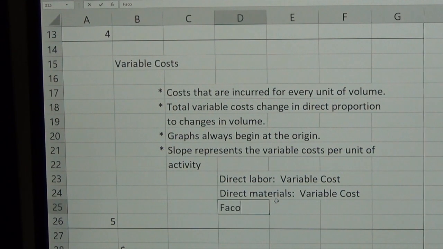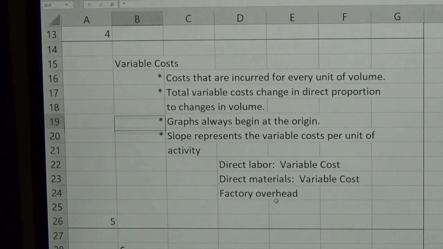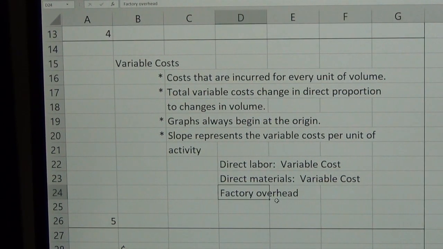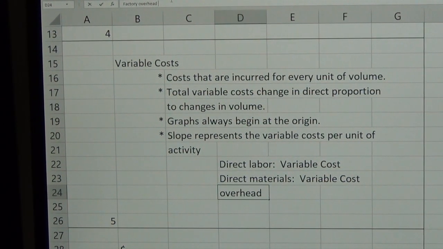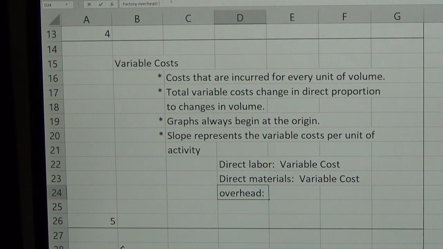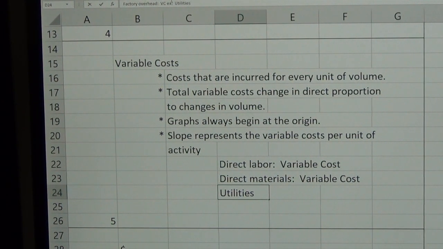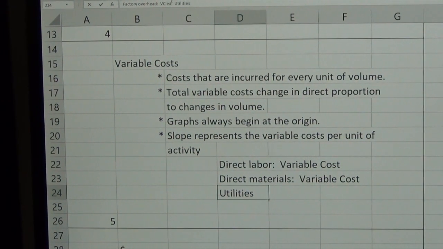The trick is factory overhead. Factory overhead examples are going to be made up of both variable and fixed. For example, variable costs would be like repairs and utilities, right? Utilities: as production goes up, you could expect your utilities to be higher because those machines are consuming more juice.